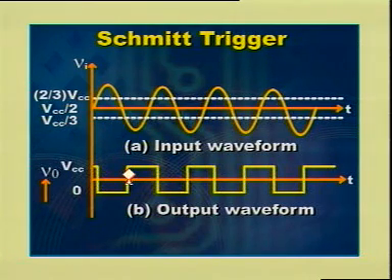Now, at this point it changes to the high value. So, in this way high to low change occurs at 2/3 VCC and low to high change occurs at 1/3 VCC. Therefore, sine wave is converted to square wave and it is having the same frequency as that of sine wave.